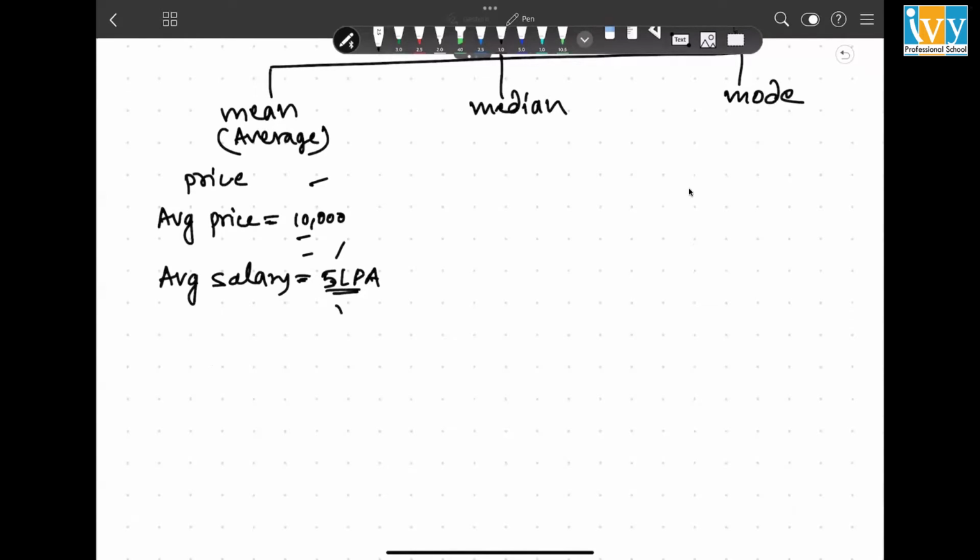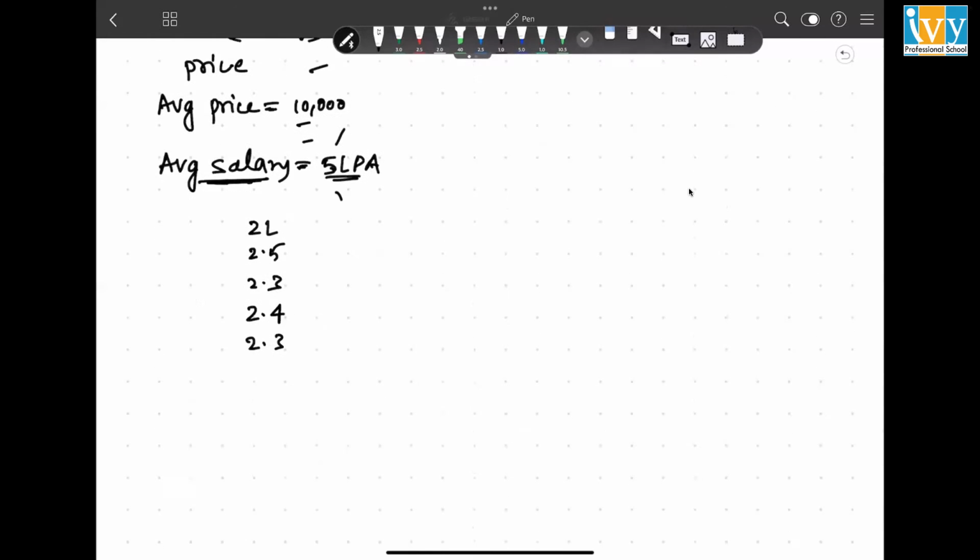Now let's take a look at sample salaries for a campus placement. Say 2 lakhs, 0.5 lakhs, 3 lakhs, 50 lakhs, 75 lakhs.